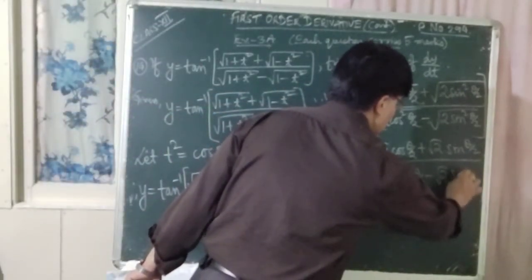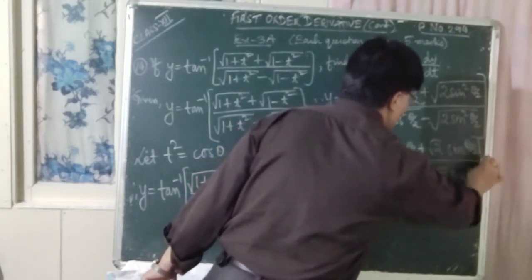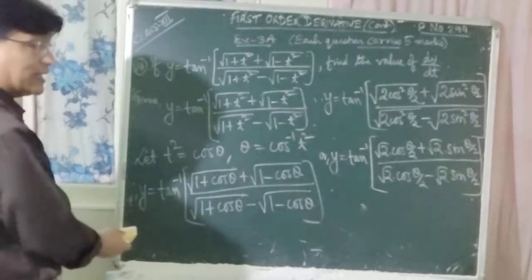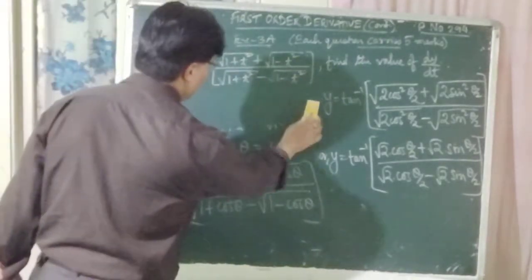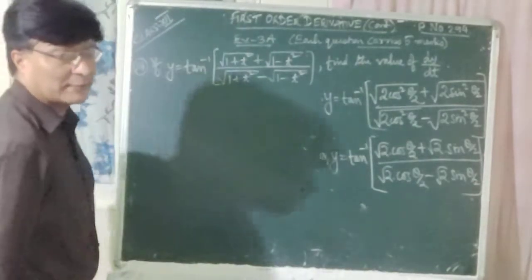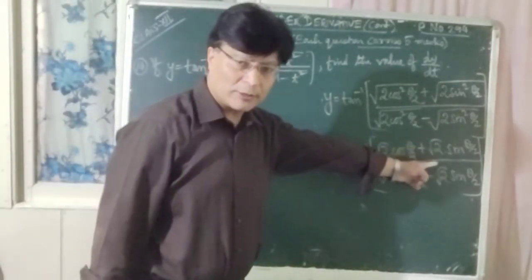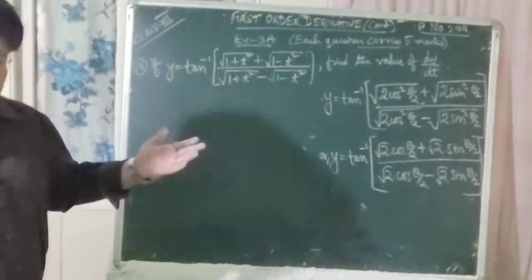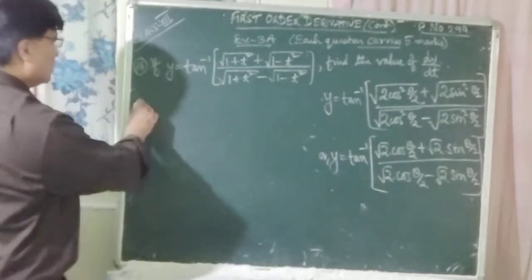Here the bracket is closed. Is that clear now? So what will you do in the next step? In the numerator root 2 is common, in the denominator also root 2 is common, so you can take it outside. That root 2 will be cancelled. And what do we get?